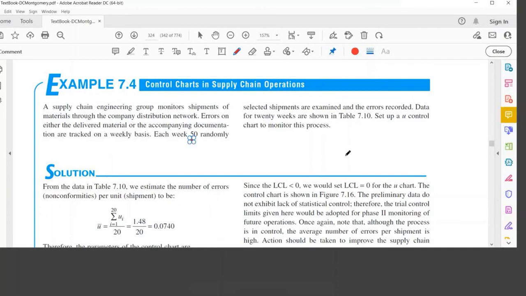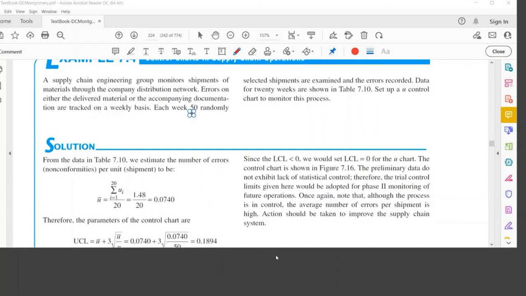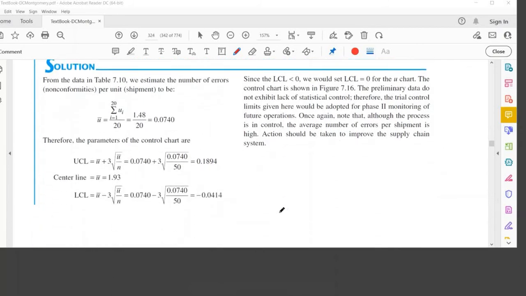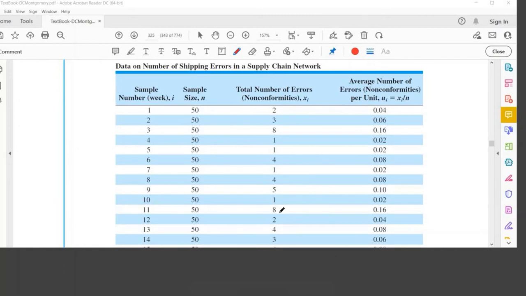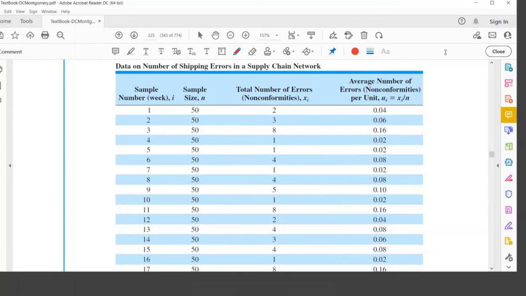It's given in Table 7.10. These are the data given. The sample size is 50, every time inspection is 50. The number of non-conformities is as shown here.